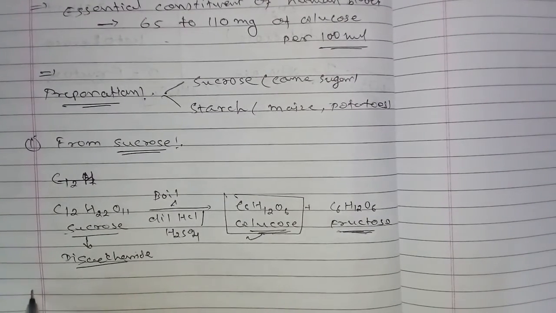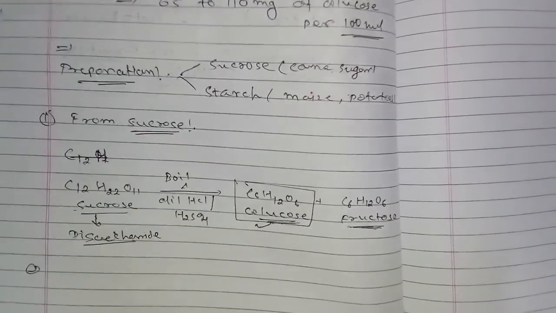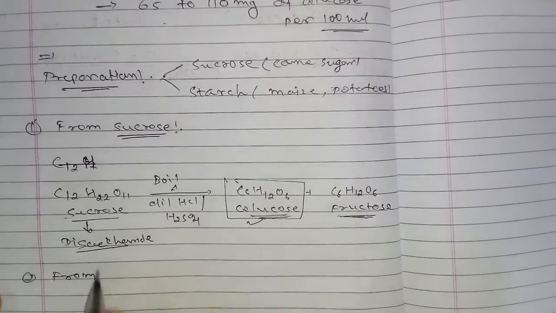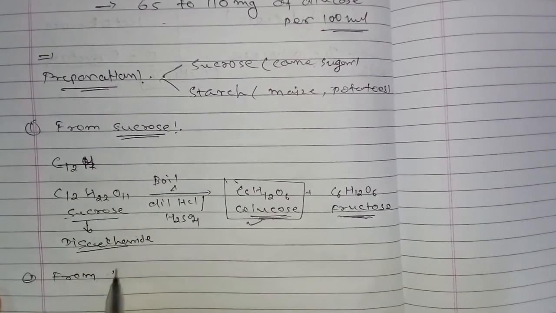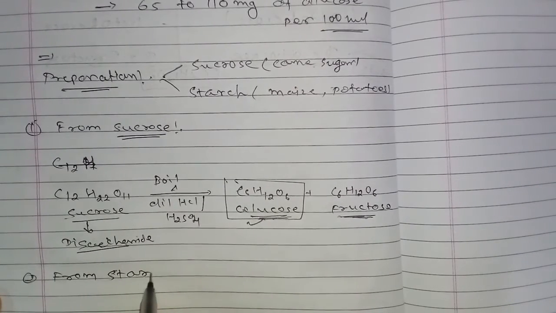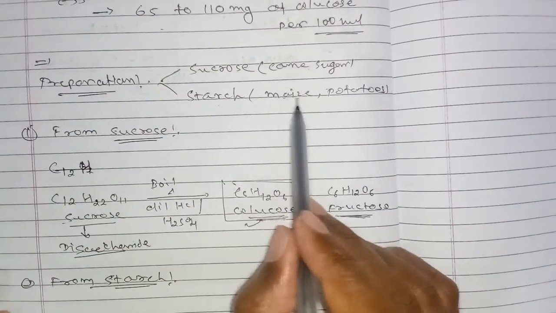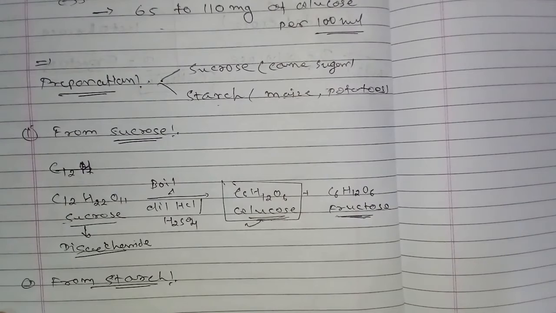The second preparation is from starch. Starch is mainly derived from maize, potatoes or sweet potatoes.